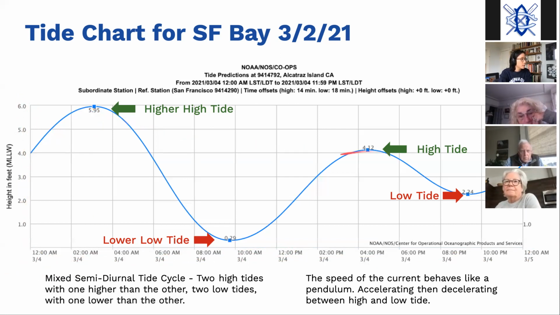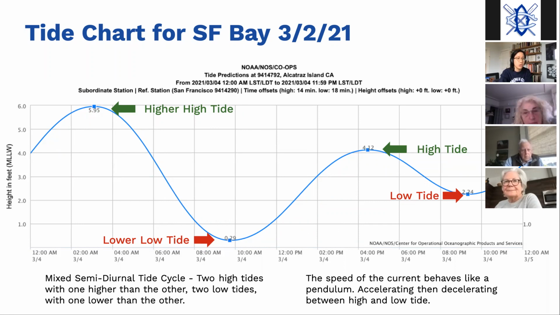One thing you'll notice about this graph is that there are 2 peaks and 2 troughs. So here, obviously, this is the first high tide of the day, and the first low tide, second high tide, and the second low tide. That's very typical of San Francisco Bay.